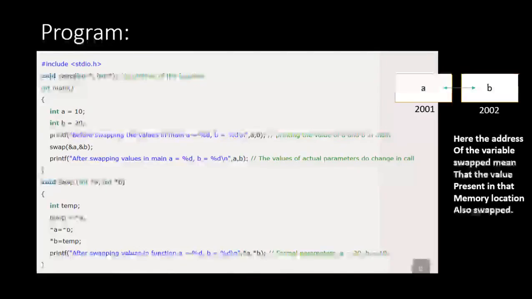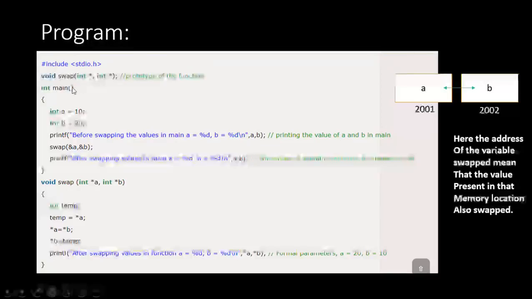The program for call by reference is the same swapping program. Here I am declaring the preprocessor directive #include <stdio.h> and void swap, and here I am using a star because it denotes the address of the variable. Then int main, and in the curly braces I am declaring a equal to 10 and b equal to 20.